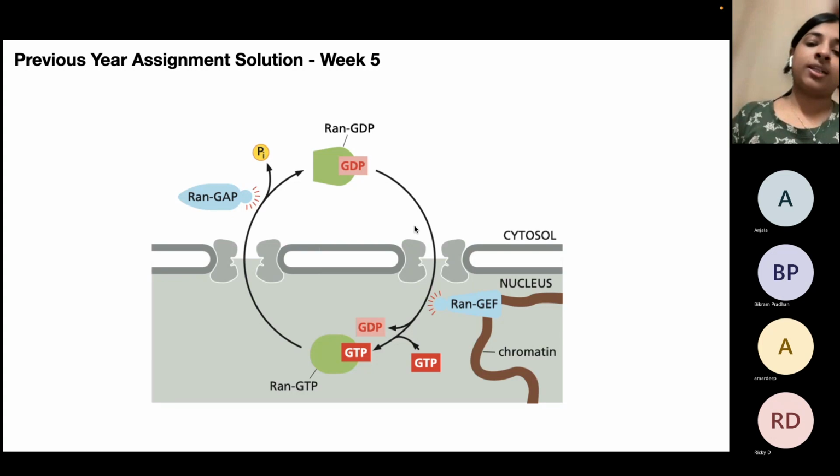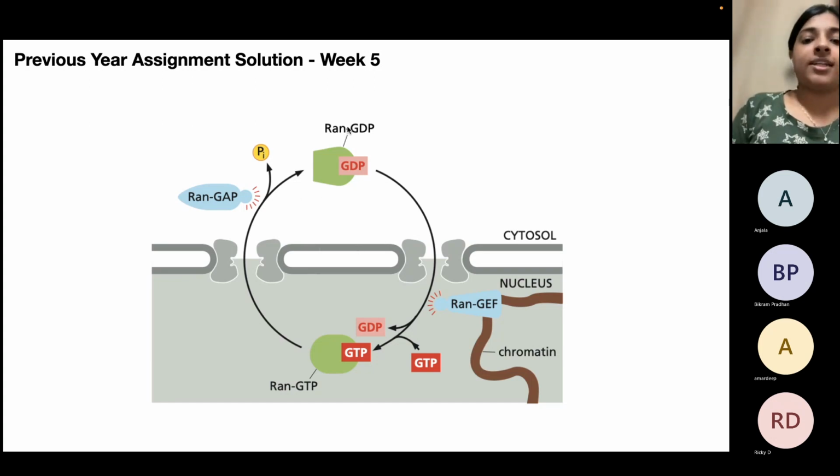But again, there are these two other proteins, RAN-GAP and RAN-GEF. As soon as RAN-GTP moves down the concentration gradient into the cytosol, RAN-GAP removes the phosphate group and makes RAN-GDP.